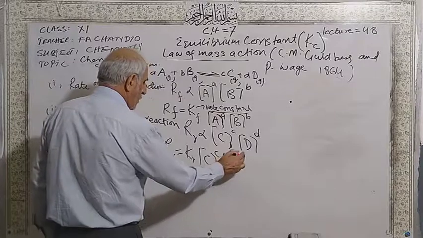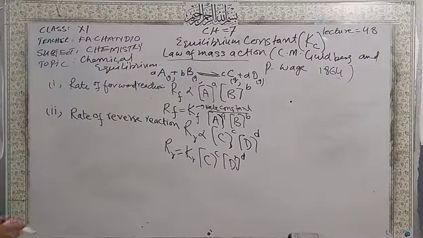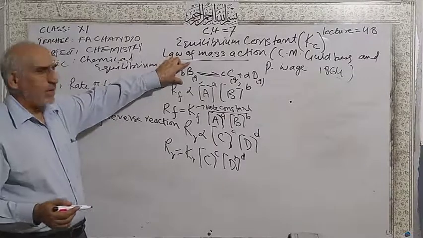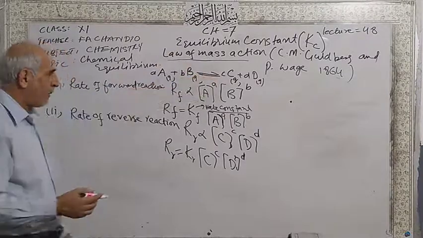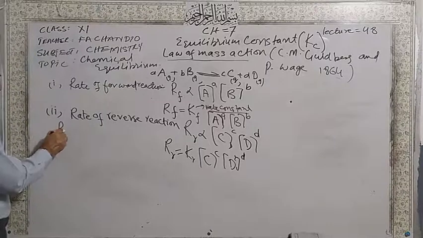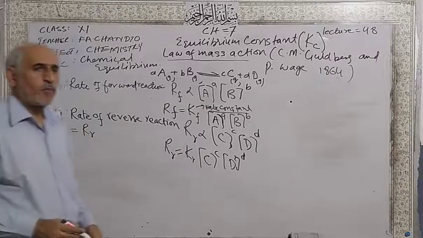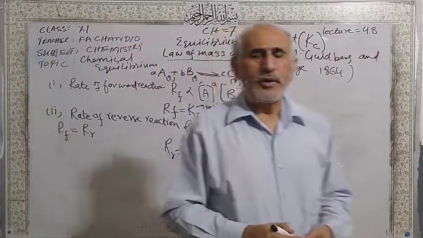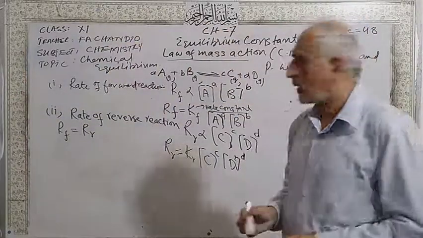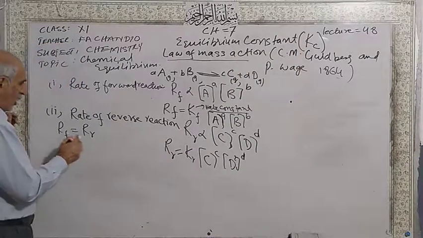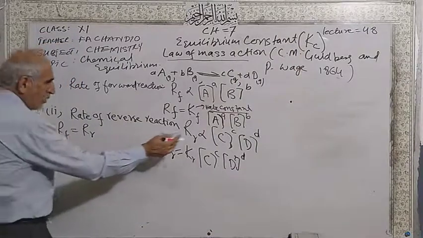Like this one. So, dear students, when chemical equilibrium is established, both rates are equal. The rate of the forward reaction must be equal to the rate of the reverse reaction. That is how I can write this equation.